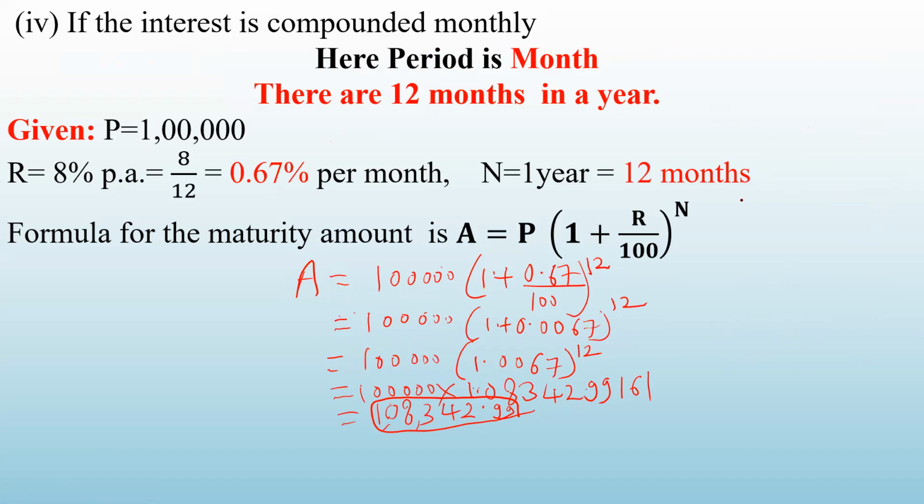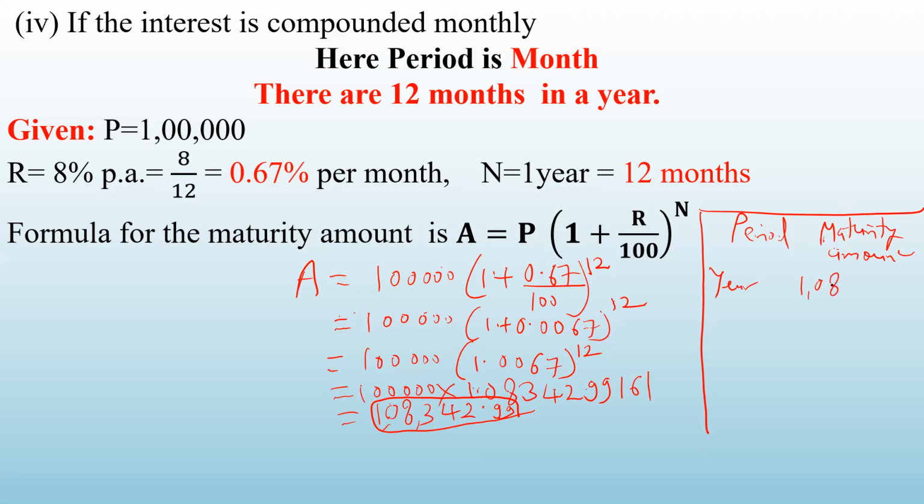Okay, so let us summarize this. I can write here itself: how many times your rate of interest is calculated, so here the period, and here the accumulated value or the maturity amount. If the period is year, meaning only one time the interest was calculated, you got the maturity amount of 1 lakh as 1,08,000.